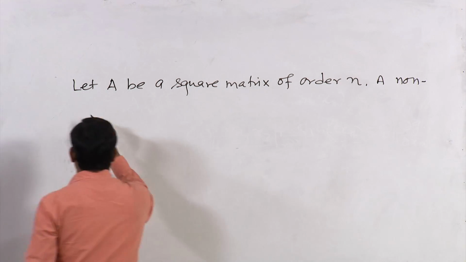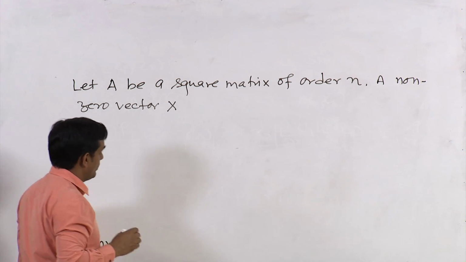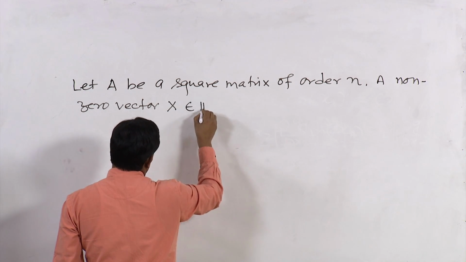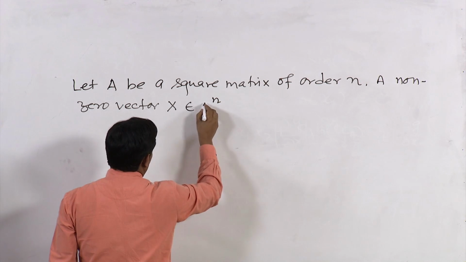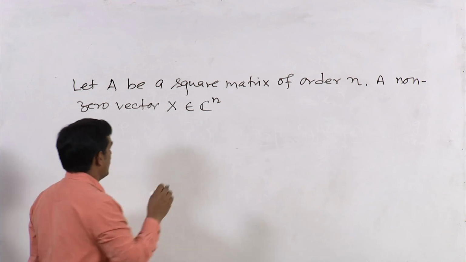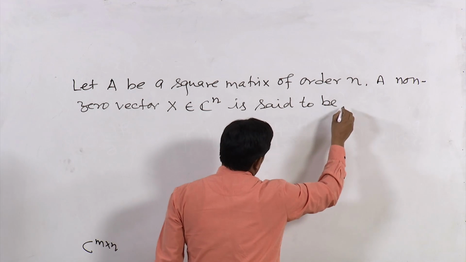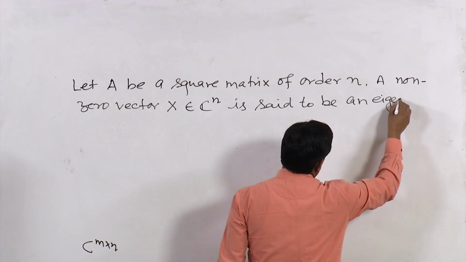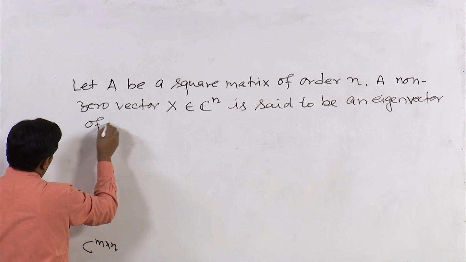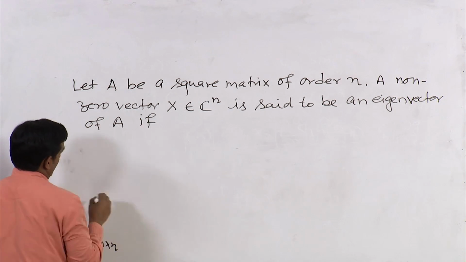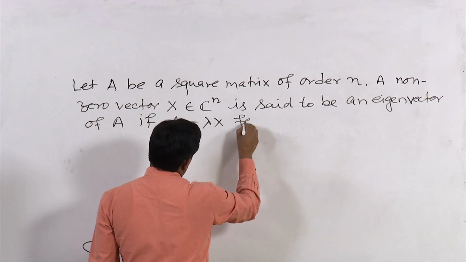Then a non-zero vector x, which belongs to R^n, or more generally you can write it belongs to C^n, is said to be an eigenvector of A if Ax equals lambda x for some scalar lambda.